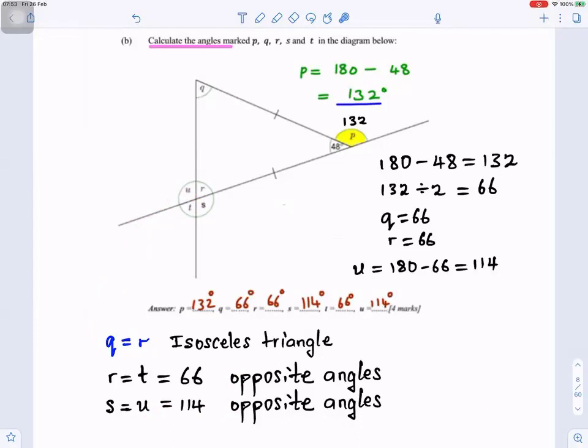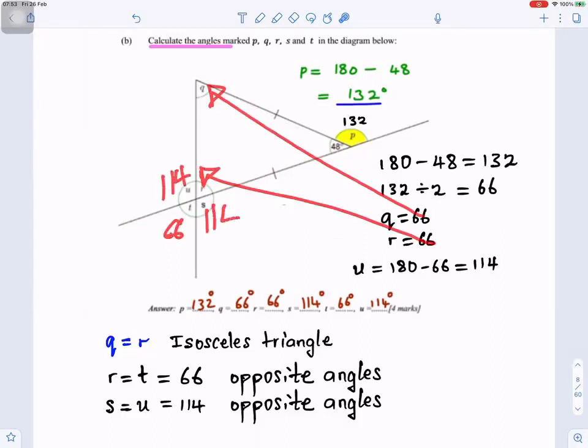So P is 132, Q is 66, R is 66, and this is 66, this is 114, and this is 114.